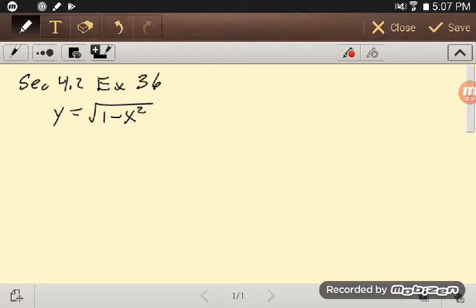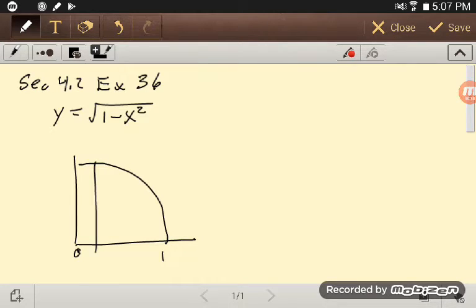So in 36 we have y equal the square root of 1 minus x squared, and we're shown this picture, something like that. It goes 0 to 1, and we're given 5 rectangles, so for 1, 2, 3, 4, and 5.